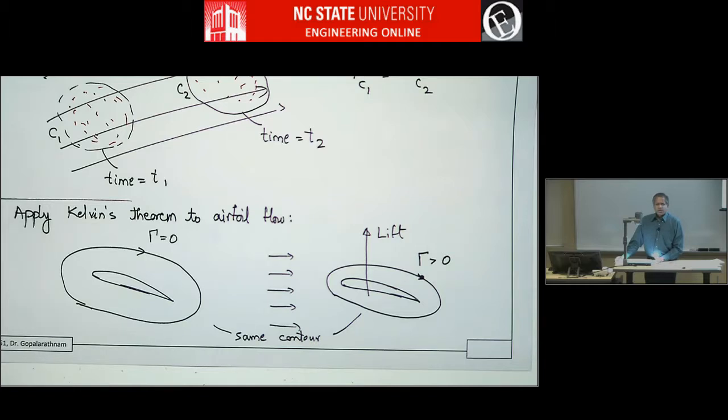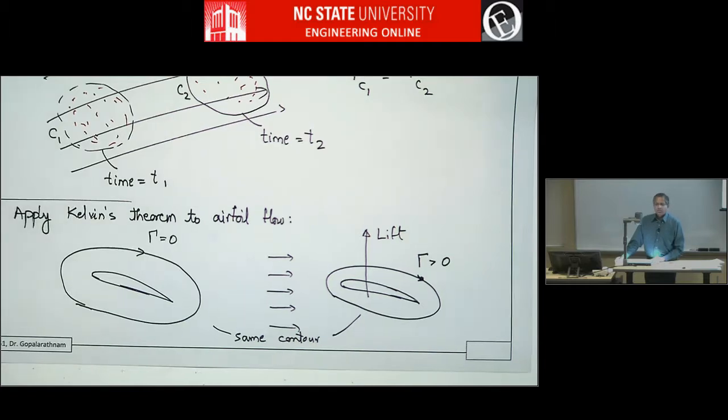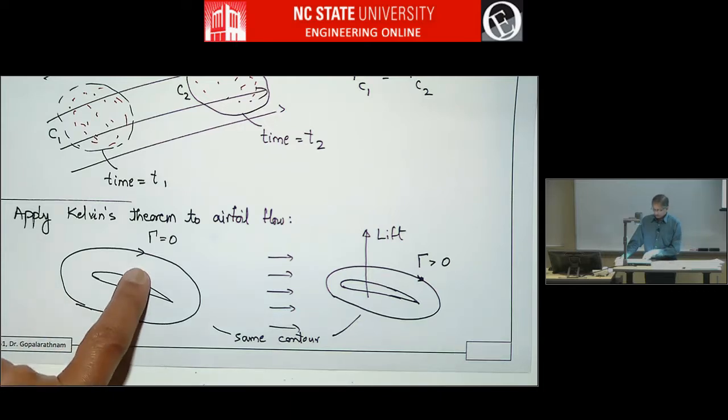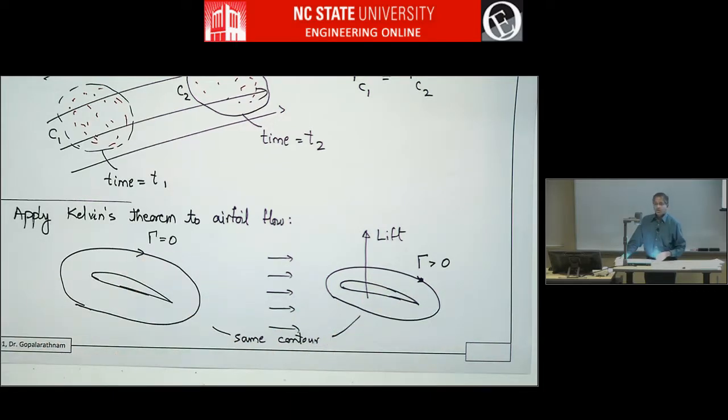So what's happening here? How come Kelvin's theorem is not being satisfied? Here circulation is 0, here circulation is not 0, it's the same contour. It's not the same set of particles.